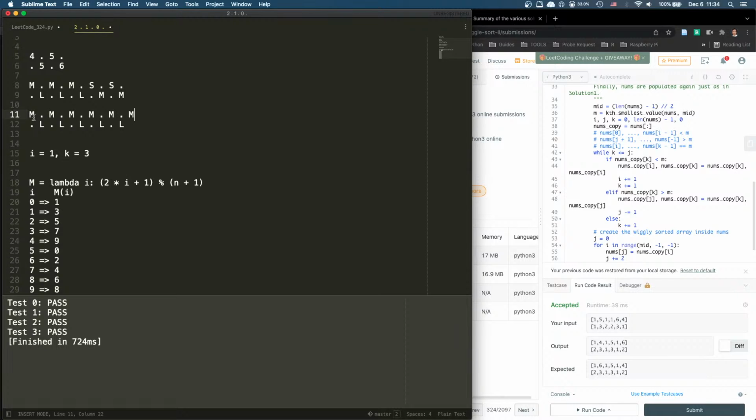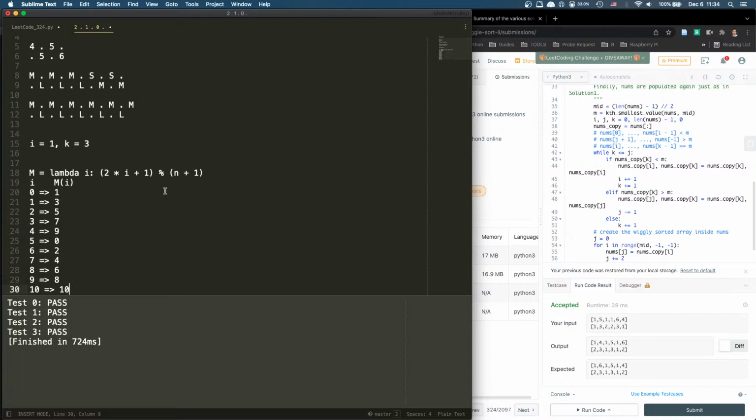Does this work? Well, in this case, 2 times 10 is 20, 21 mod 11 plus 1, that's 12. 21 mod 12. That's actually not working.